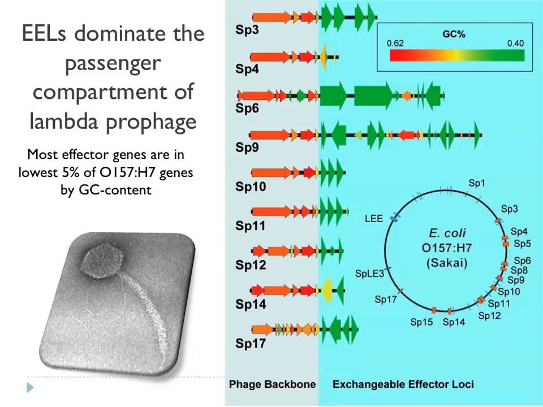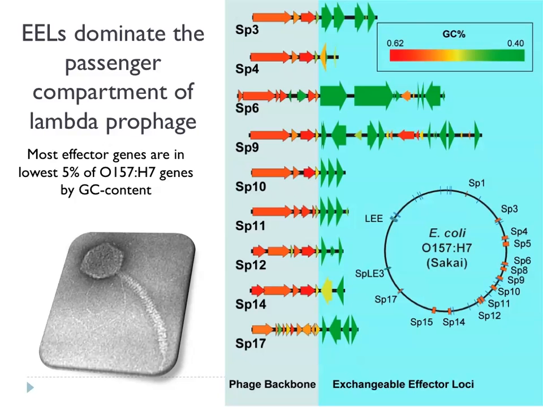Looking more carefully in detail, if we focus in on the ends of these phages, you see this very interesting pattern in the GC content. These reds and oranges have slightly higher GC content than the E. coli chromosome. Then, adjacent, you have these green ones, which suddenly have a very much lower GC content than the average for the chromosome.